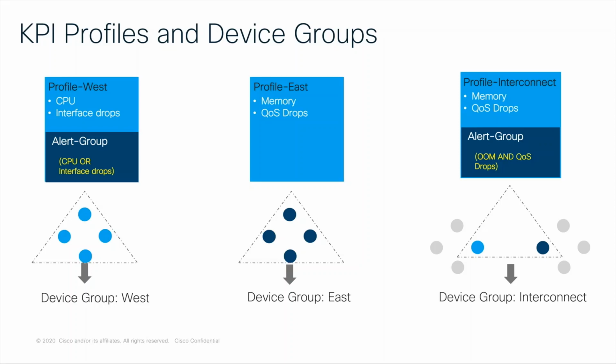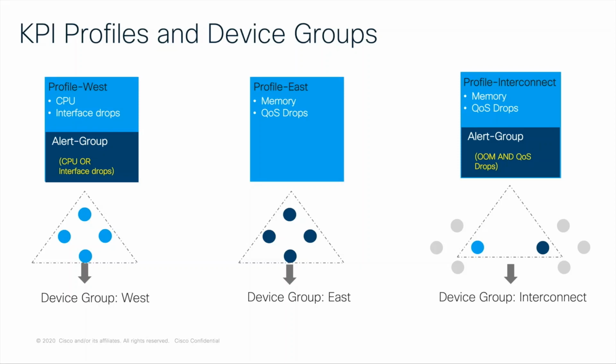Then this is the P routers KPI profile, where I want to monitor a certain set of KPIs on these devices. For example, in this case, let's say it has CPU and interface drops. When you enable this KPI profile, it automatically enables the KPIs that are a part of it, which are CPU and interface drops.